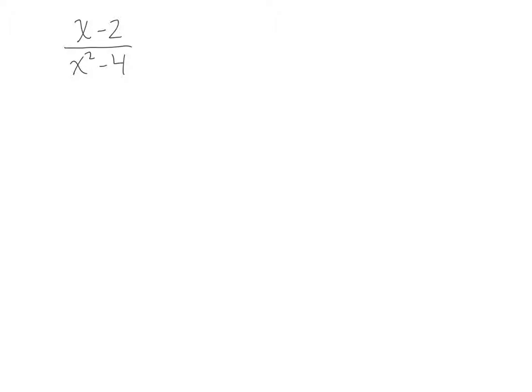So we use our skills of factoring to turn this into factored form, which means that we recognize that what we have is the same numerator, x minus 2, which we can treat as a lump.